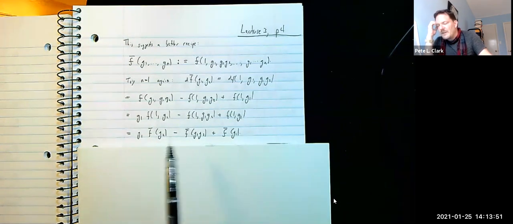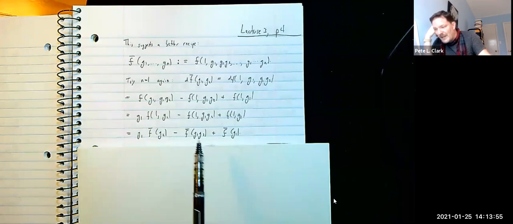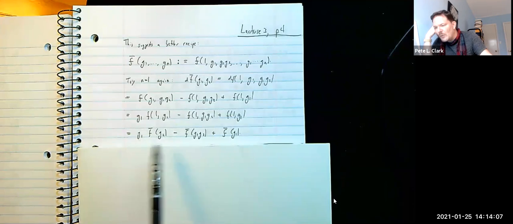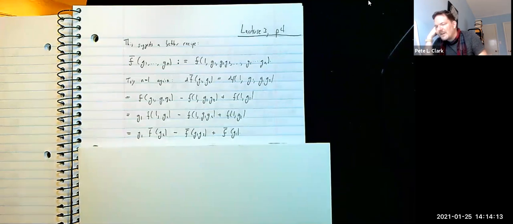And so the ones where this thing is equal to 0 are the functions phi where, if I bring this to the other side, phi of g1, g2 is going to be phi of g1 plus g1 times phi of g2. And again, if you're cheating and you've seen the one cocycle condition before, that's exactly what it should be.